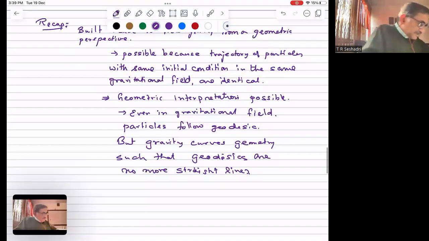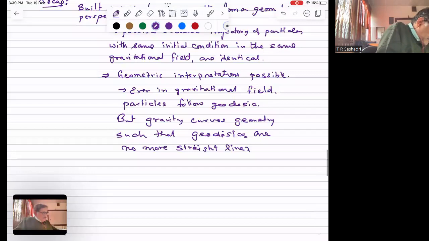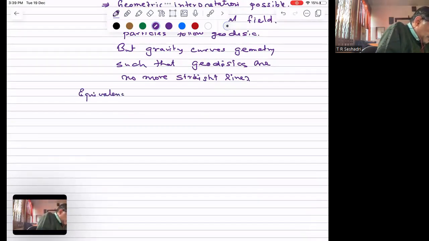Okay, and then I had said that this equivalence principle, there is a weak equivalence principle and strong equivalence principle.